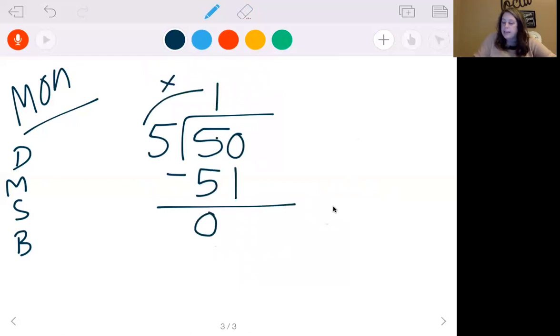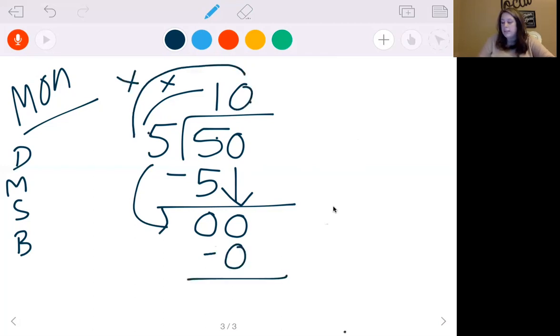I'm going to bring down my 0. Now I start over. Divide. 5 goes into 0 how many times? Well, 5 can't go into 0, so I'm going to put 0. I'm going to multiply these outside numbers. 5 times 0 is 0. 0 minus 0 is 0, so my answer is 10, okay?